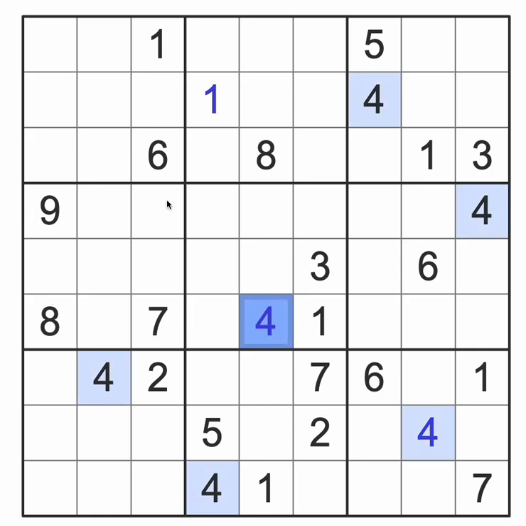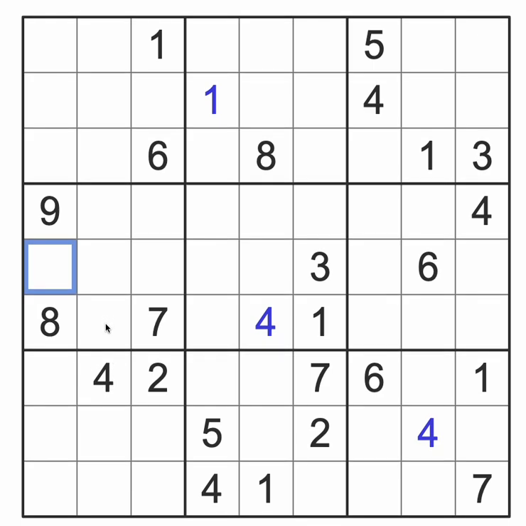and I can place 4 in box 4 by looking at box 1 first. This 4 blocks here, this 4 blocks here and here. So 4 in box 1 will be here or here. So this cell cannot be 4.